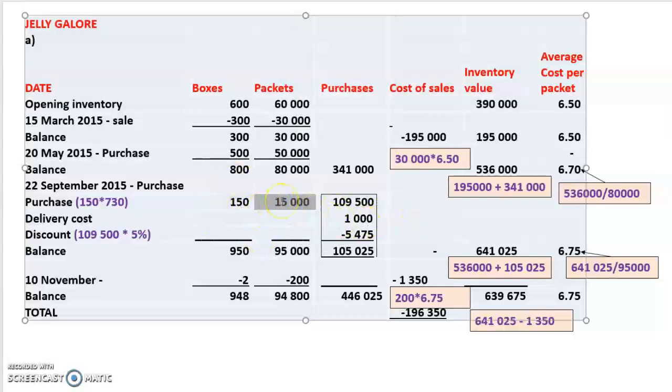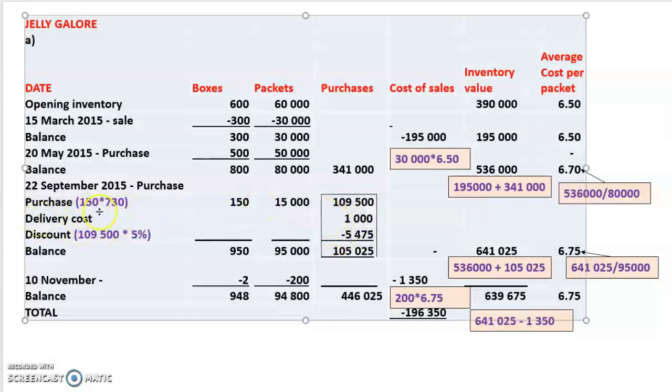So for 15,000 packets, 150 times 730 Rand per box gave us 109,500 Rand. Good. We had a 5% discount. So what you could have said directly is 150 times 730 times 95%. That would have given you this amount, 109,500 less 5,475.